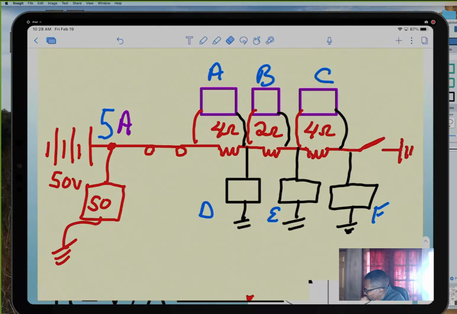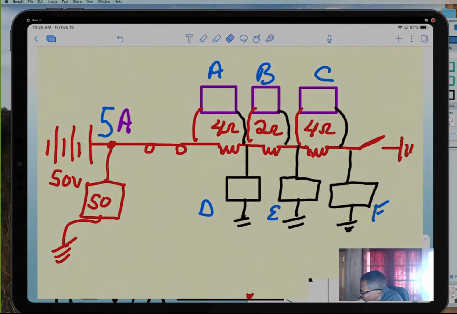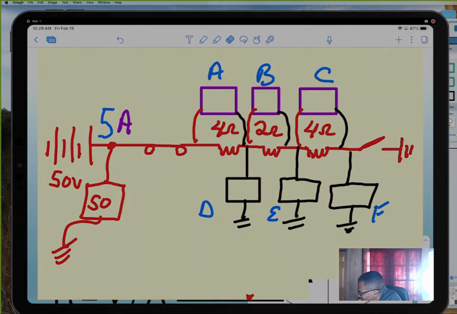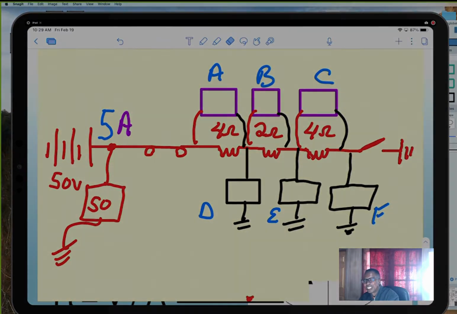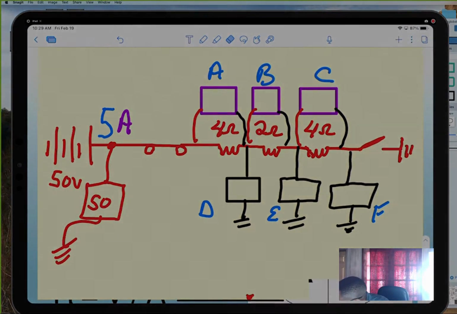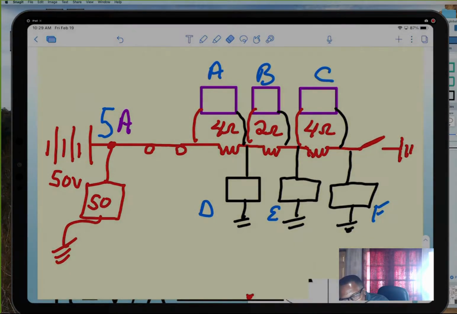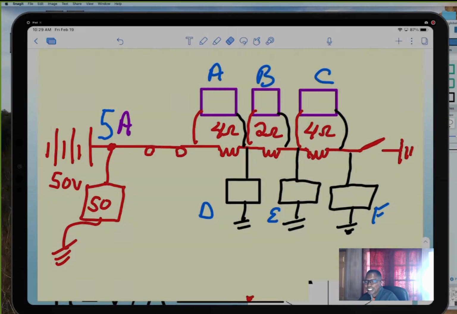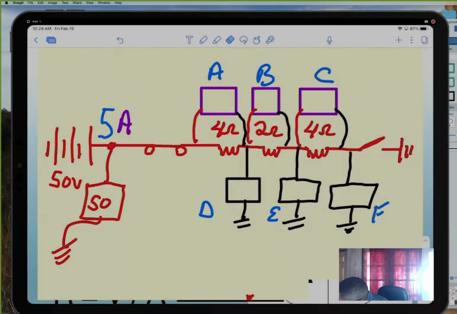Wait, I'm trying to figure it out. Hold on. See, if it was a switch, well, no. You know what? There's no amperage. Come on, Angel and Robert, get in this conversation. You've been here long enough. Hey, Ricky, there's no amperage. Yeah, that's what I'm telling you. There should be zeros.